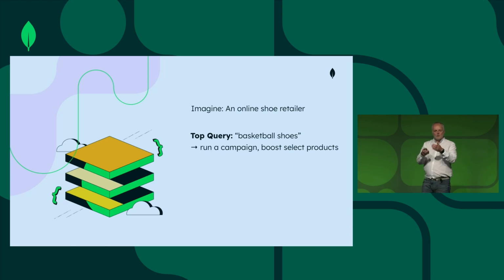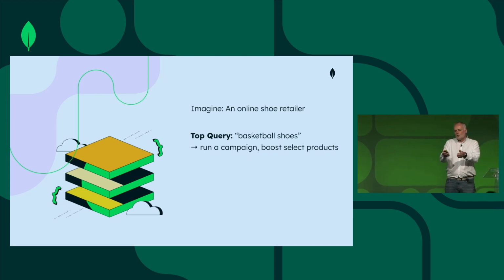And if people look at the product page for LeBrons, they're much more likely to click the button and actually follow through and purchase them. So I could decide, because I've got so many people searching for basketball shoes, let me just twist the score so that the LeBrons come up as the more relevant results. So people see those first, and they're more likely to click on it and then click through and buy them.